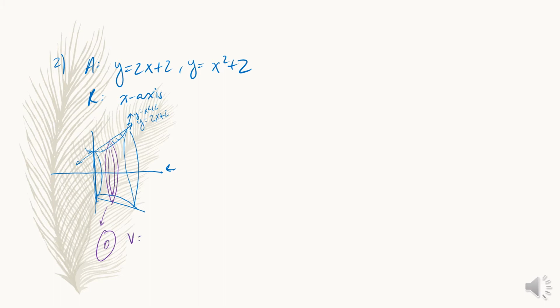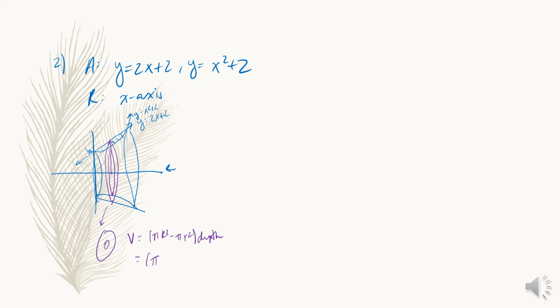So again, because it has a hole in the middle, this is going to be pi times my big radius squared minus pi times my little radius squared, and then times the depth, which is going to be delta x because we sliced it vertically. For my big radius, let's look at this. My big radius is going from the x-axis all the way up to the top curve.